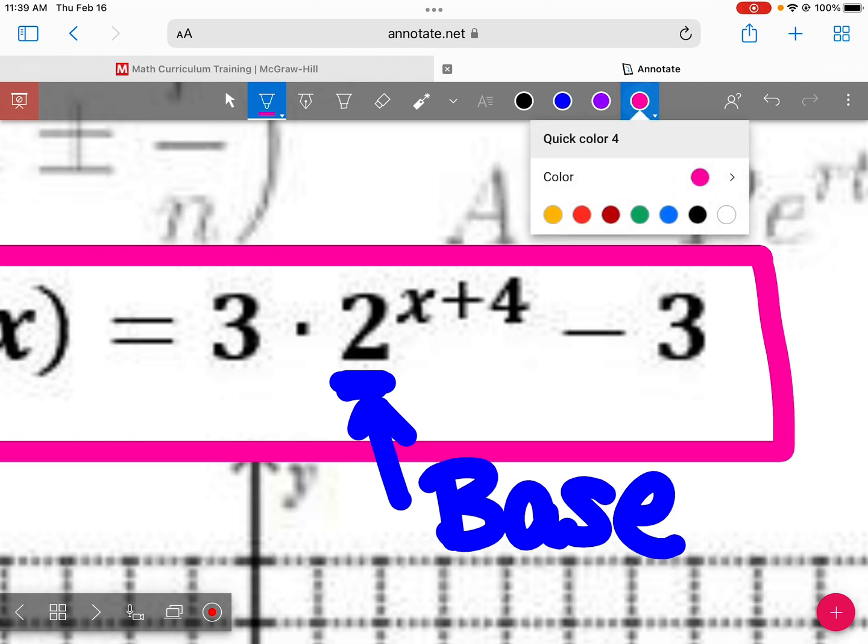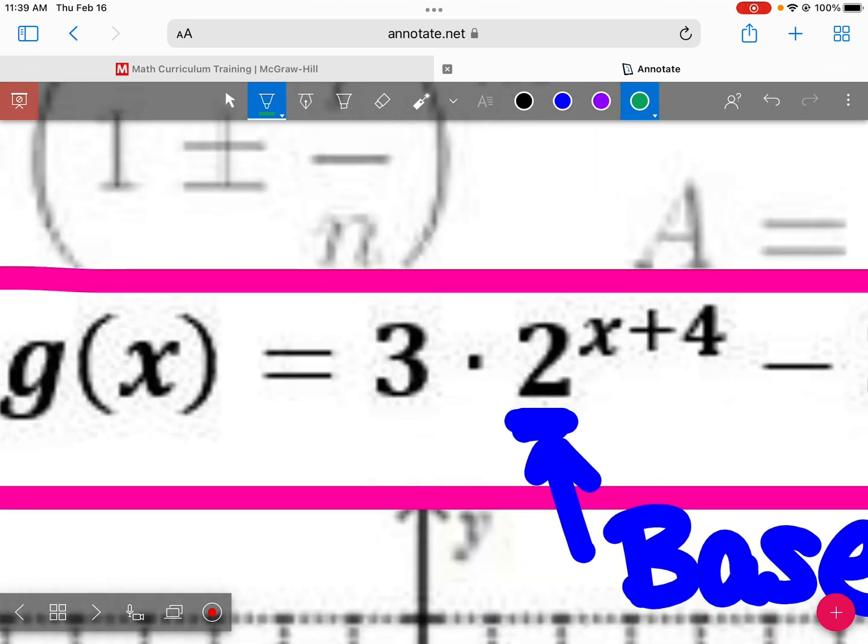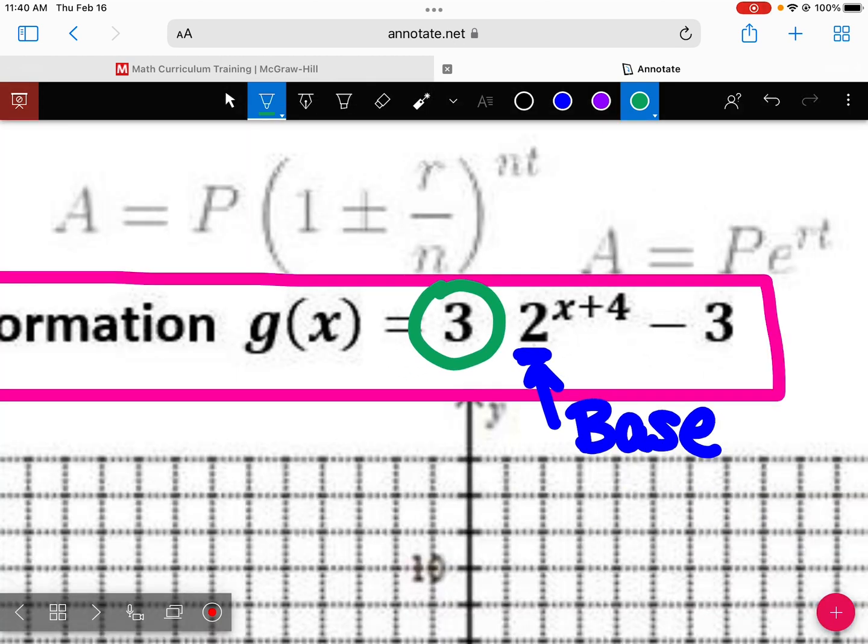What is my A value on the transformed function? 3, yes. Our A value is 3. I'm going to circle that just a little bit differently because I don't want to cover up that little dot there.